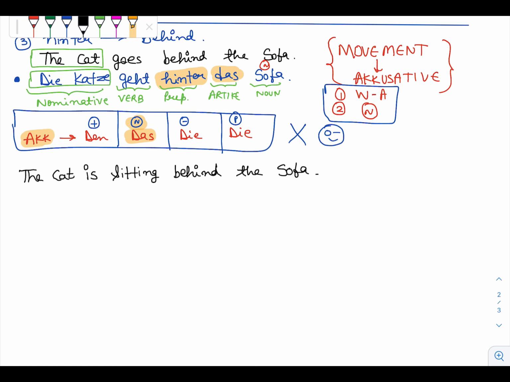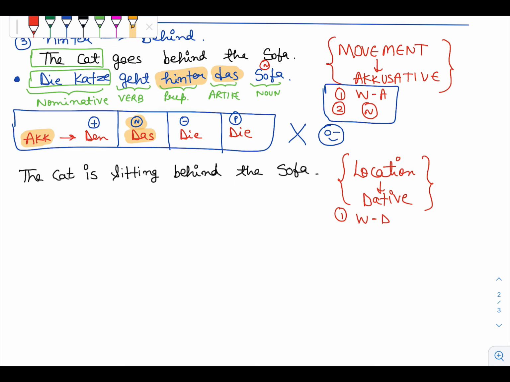Now the cat is simply sitting behind the sofa. Now I'm not talking about the cat going behind the sofa. I'm simply saying the cat is sitting behind the sofa, which means location. I'm just telling about the location of the cat, which means dative.